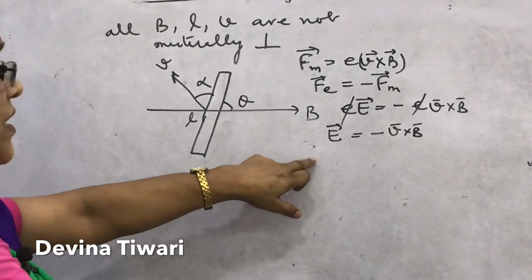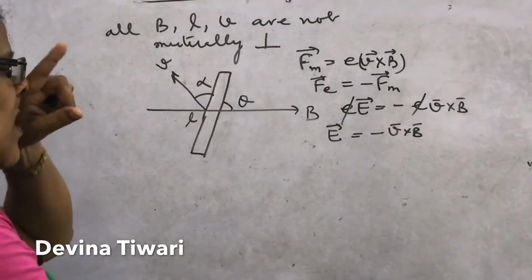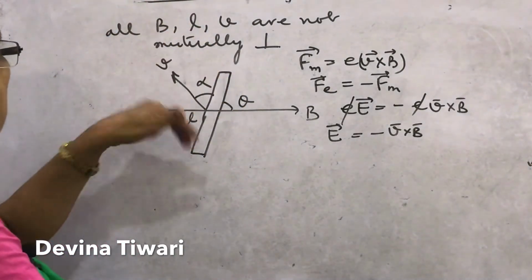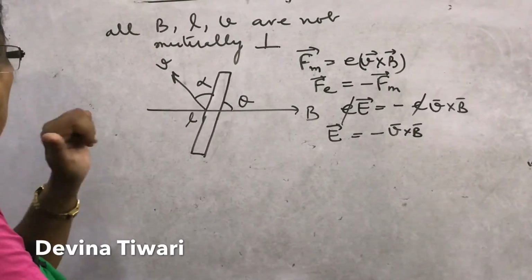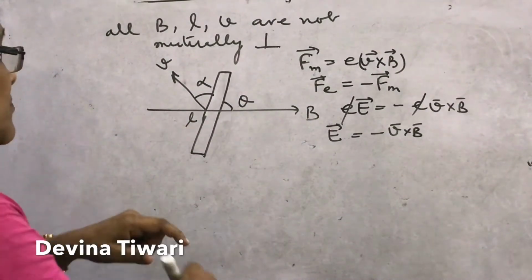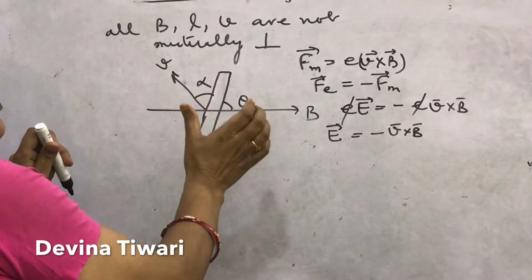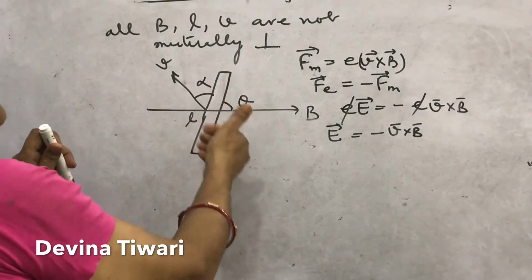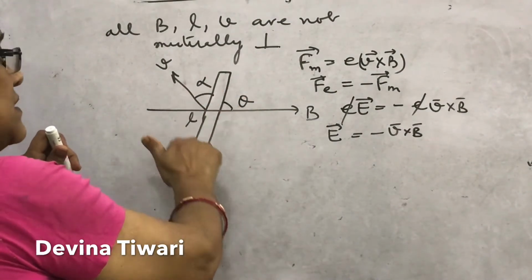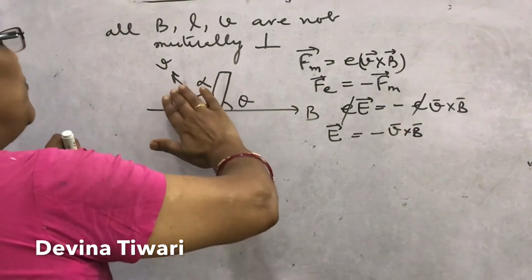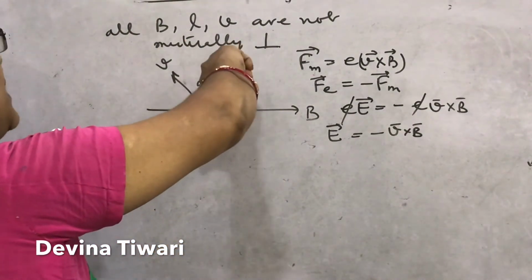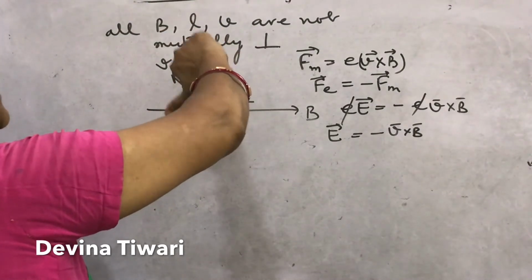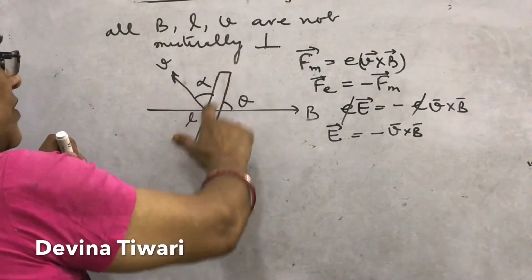Now, if this is the electric field, what will you do to find the potential difference across the ends of the rod? What will be the V cross B vector's direction? As per the right hand rule, from V to B we have shown it like this. This is V cross B, and this vector makes an angle with the length of the rod.